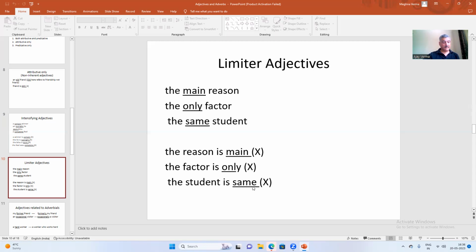But we can also use these, with a slight change in meaning, predicatively also. For instance, certain can be used in the phrase a certain person attributively as a limiter adjective.